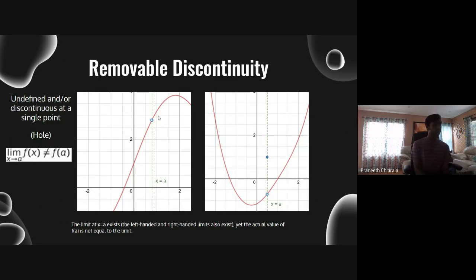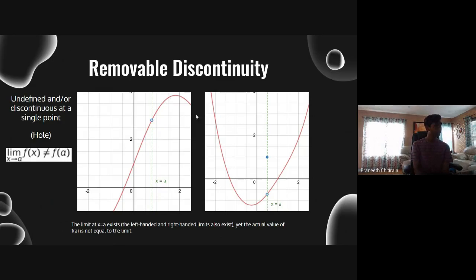These are examples of a removable discontinuity, and you can determine whether a function has one if this applies: if the limit of f of x as x approaches a does not equal f of a itself, then you have a removable discontinuity.